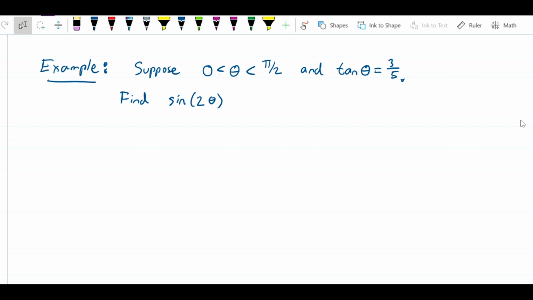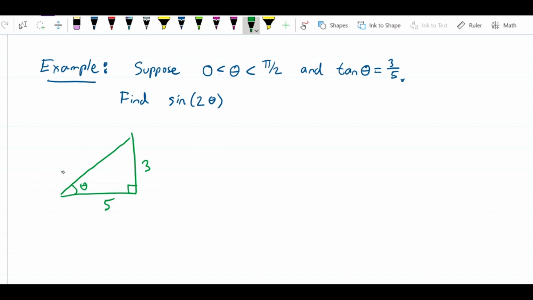So what I can do here is, as we did in an earlier problem, I can show a right triangle with an angle of theta. And we know that since the tangent of theta is 3/5, that means that the ratio of the opposite to the adjacent is 3/5, and I can just put in those numbers like that.